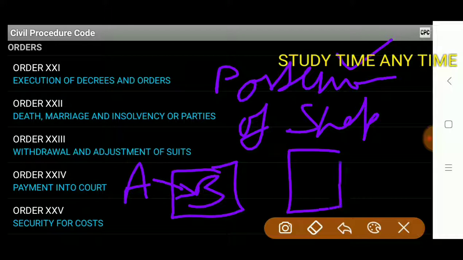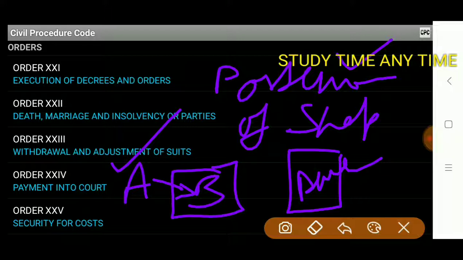The court has given you the decree that yes, A is legally able to get that possession. Now what will the court do? The court will do nothing. You have to file an execution application before the same court or the concerned court of that area, and then the court will appoint a bailiff.